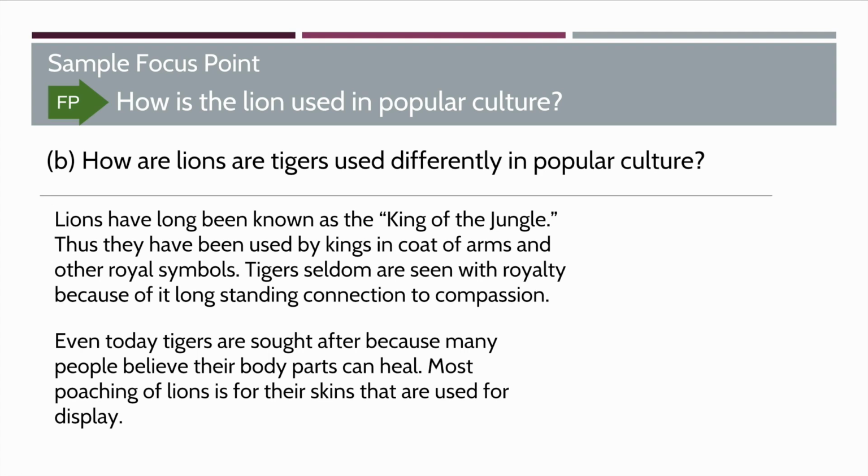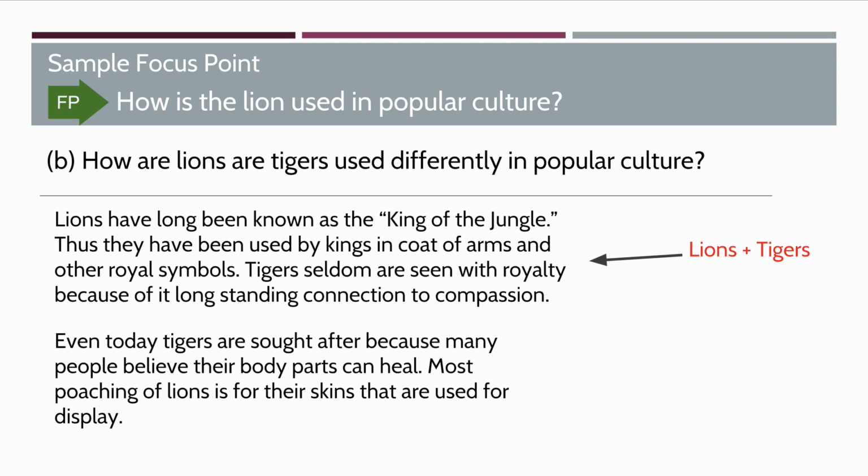Now, here's our 2 paragraphs. The first one, lions have long been known as the king of the jungle. Thus, they have been used by kings in coats of arms and other royal symbols. Tigers seldom are seen with royalty because of its long-standing connection to compassion.